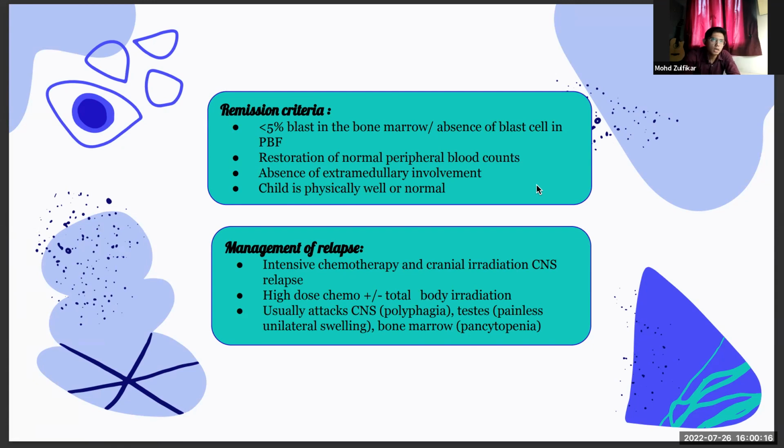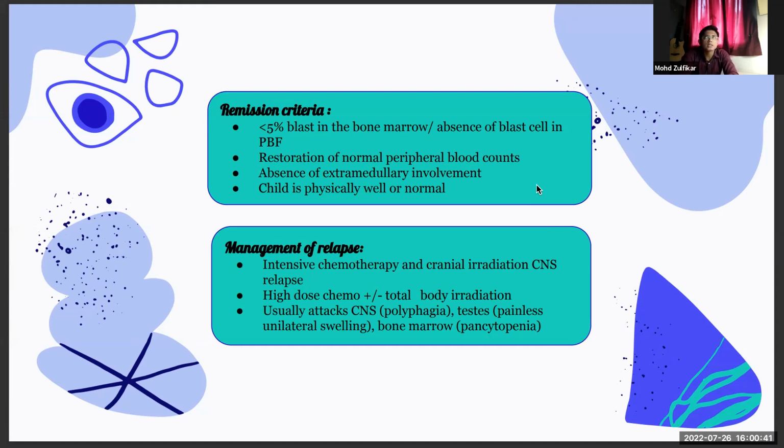However, this leukemia is a cancer that can relapse. So there is management of the relapse. Management of relapse involves intensive chemotherapy and cranial irradiation for the CNS relapse. It also has a high dose chemo plus or minus total body irradiation.